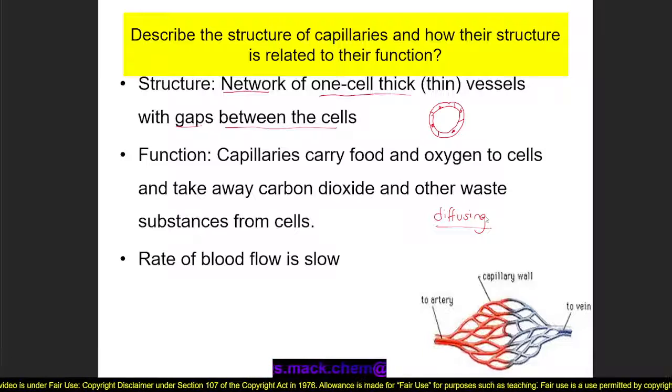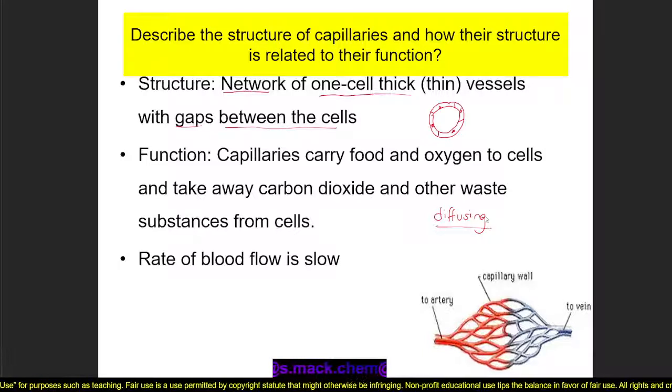All of these substances which are required to move across the cell wall or in the gaps of the cell wall are the reasons why the structure of the capillary is as it is. The structure of a capillary is one cell thick with gaps between the walls, and the reason for the structure is the function.